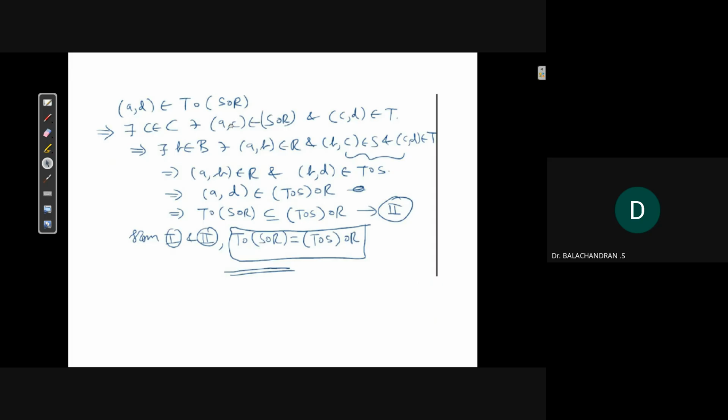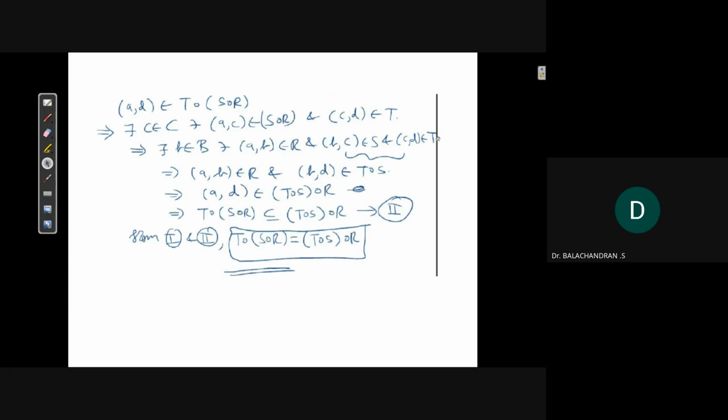Now, from this, (A, C) belongs to S∘R. Using this, there exists a small b in capital B such that (A, B) is an element of capital R, this R, and this (B, C) is an element of this S, and (C, D) belongs to what?